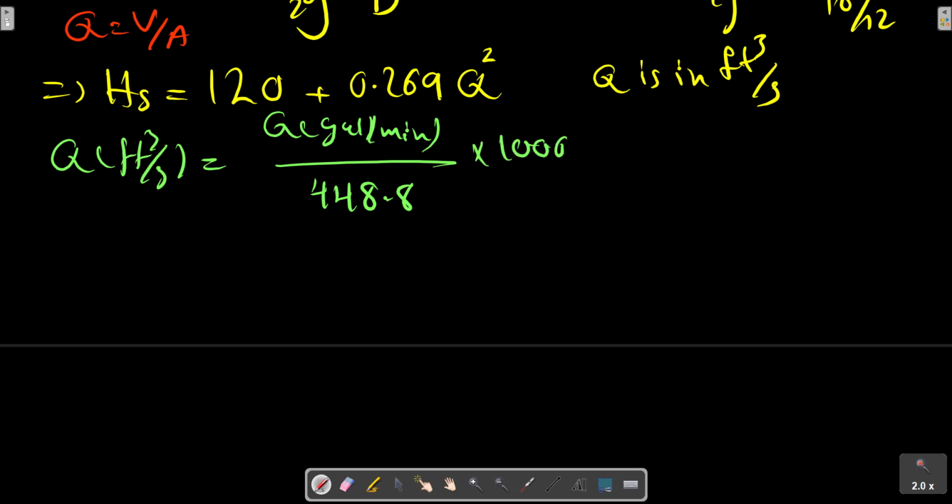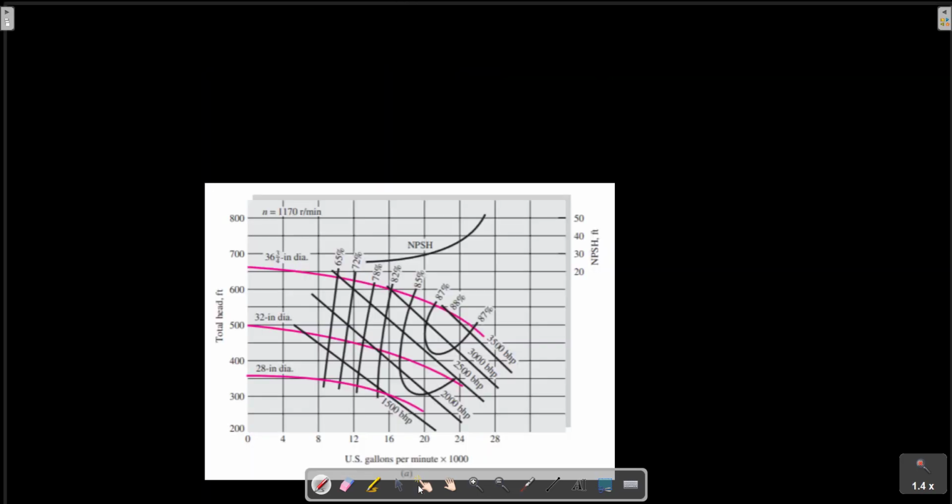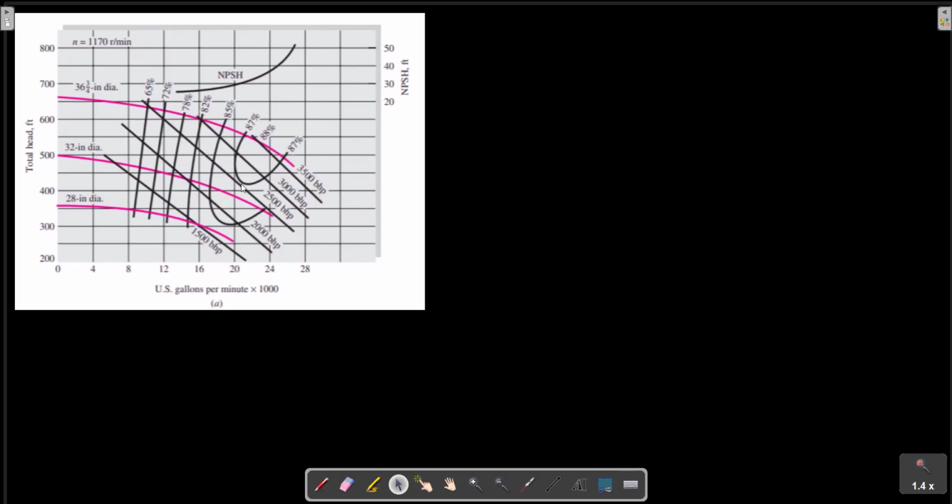If we replace it in the equation above, we can obtain a relation for the system head as a function of Q square, our desired relation matched to the pump diagram. Let me show the diagram again in the next page.